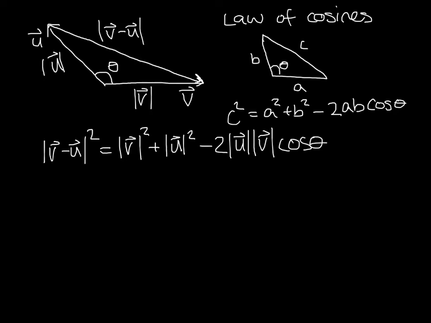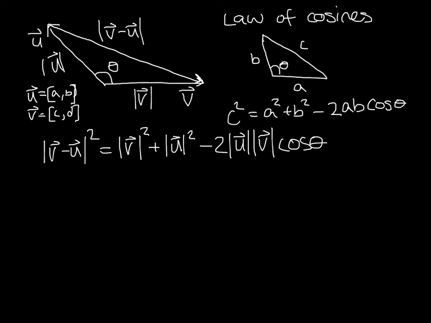All right, now let's assume that we're going to need components for these, so let's just say u is a comma b like we did last time, and v is c comma d, just so we have placeholders for those.